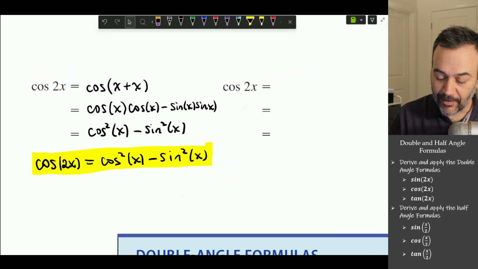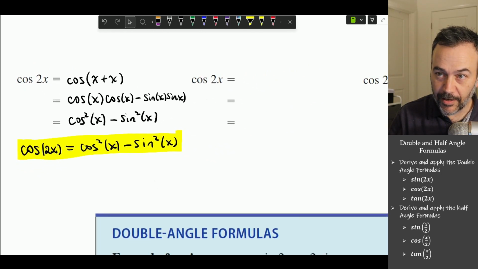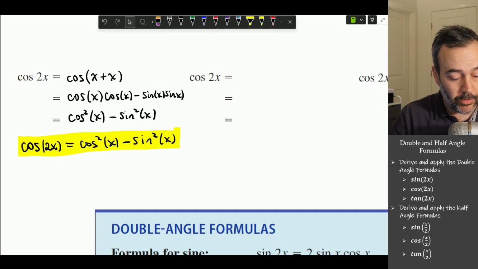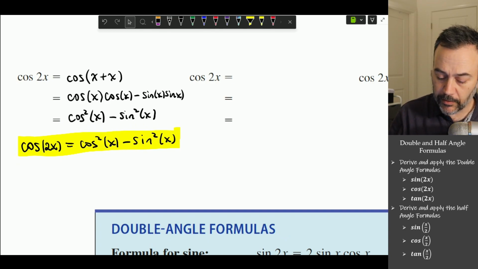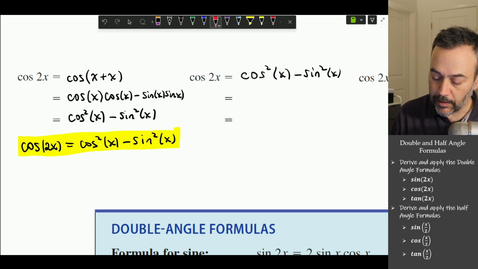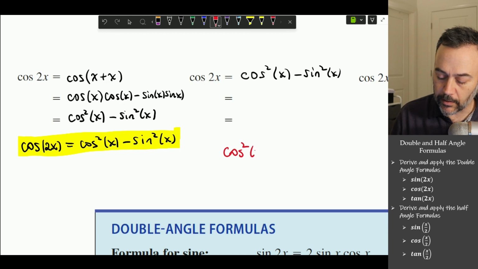Okay, now there is another way we can write cosine 2x, and we do it with a substitution. We know that cosine 2x is equal to, well, we just derived it, cosine squared x minus sine squared x. But we can use the Pythagorean identity, cos squared x plus sine squared x equals 1.